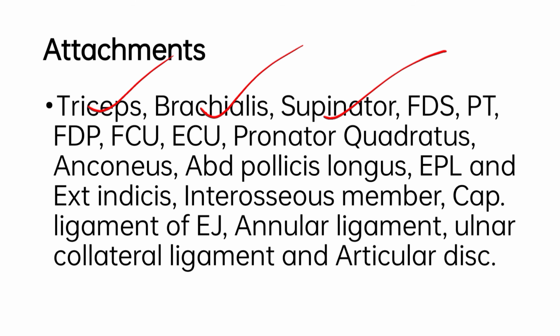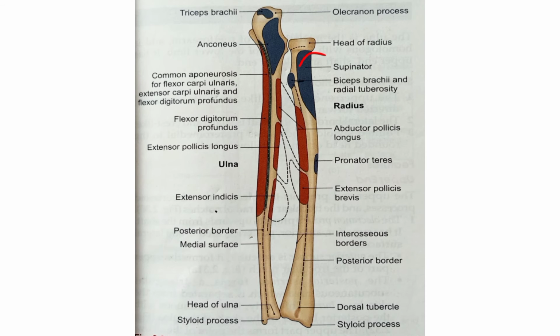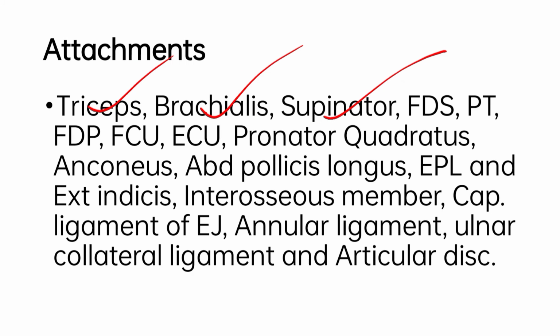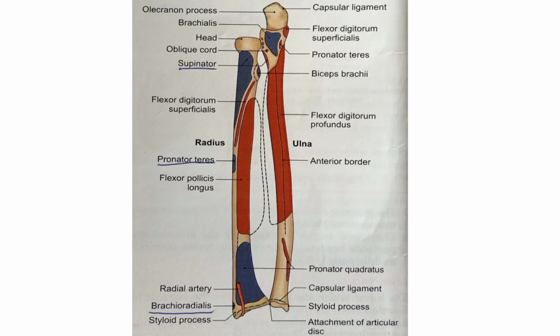Moving further to the supinator, arises from the supinator crest and from the triangular area in front of the crest. So this is supinator. Alright. Now next is flexor digitorum superficialis. Flexor digitorum superficialis arises from a tubercle at the upper end of the medial margin of the coronoid process.